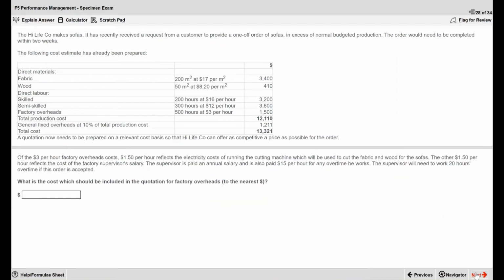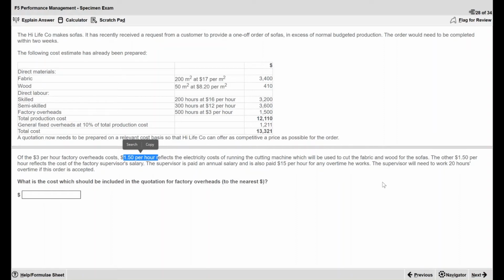Next, what is the cost which should be included in quotation for factory overheads? Of the 30 per hour factory overheads cost, 1.5 per hour reflects the electricity cost of running the cutting machine, which will be used to cut the fabric and wood for the sofas.